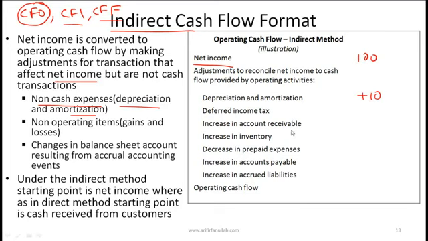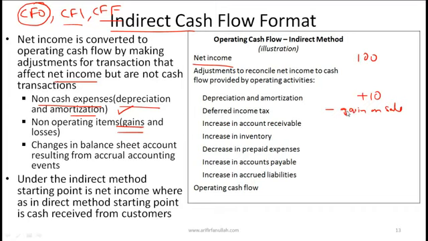Then let me pick on some easy ones here. So that is this non-cash item. Not shown explicitly over here, but let's say that you have a gain on sale of assets. If there was a gain on sale of assets, then that would have also been included in the net income. So you actually subtract any gain on sale, because this gain on sale is not considered an operating cash flow.